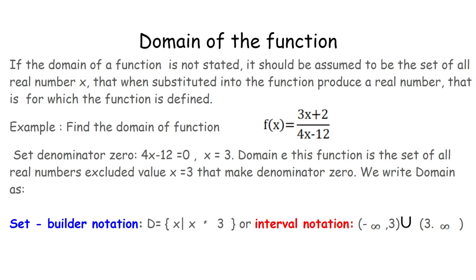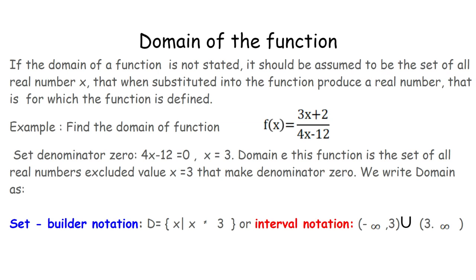Example, find the domain of the function f of x equals 3x plus 2 over 4x minus 12. The domain of this function consists of all real numbers, excluding only the values of x that make the denominator 0. Which are those values? To find them, set the denominator 4x minus 12 equals 0, so x equals 3.